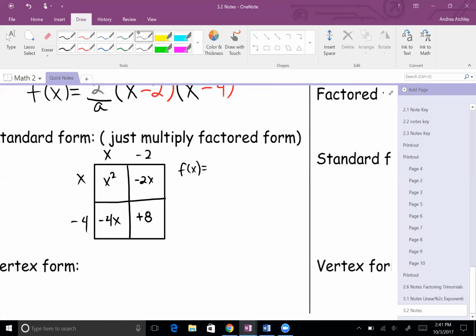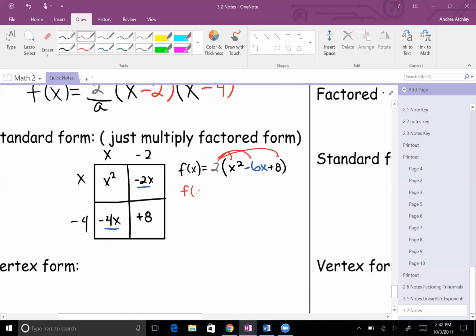Okay, we can't forget the 2 that goes in front. We still need that. And then we have x squared. We're going to combine our like terms that should be in the middle. Negative 2 and negative 4, they are the same sign, so I'm going to add them and get negative 6x and then a positive 8. But I'm not done because I still have that 2 on the outside. So now I have to distribute that 2 back in.